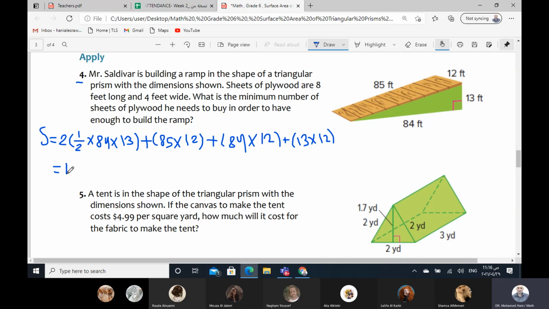So the answer will be 1092, plus 85 times 12 will be 1020, plus 84 times 12 will be 1008, then you have 13 times 12. The answer will be 156.